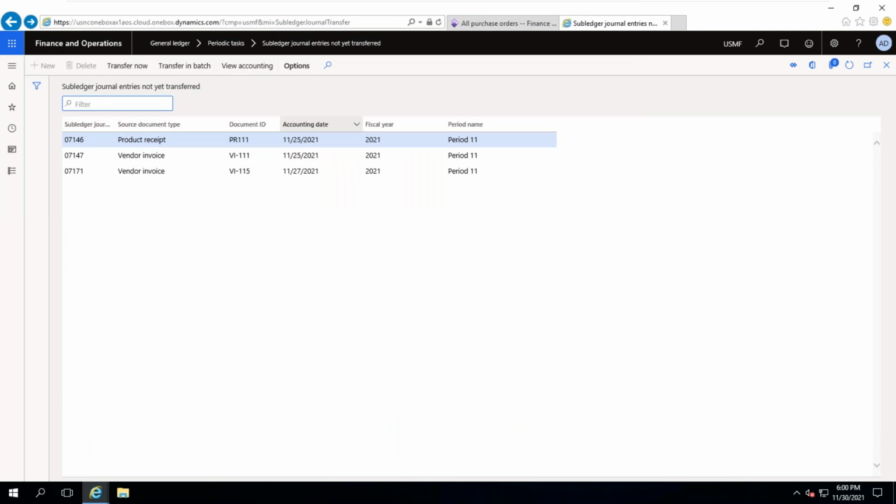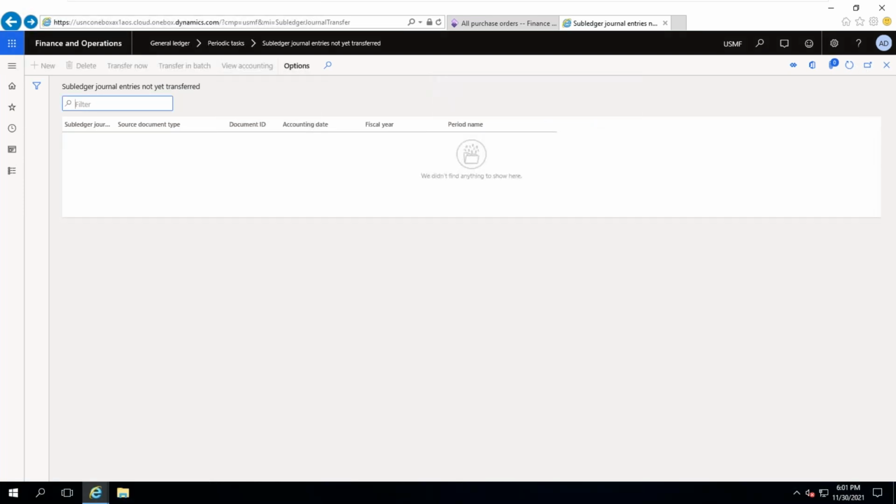Let me post this one, transfer now. This is the 25th November transaction. These two are 25th and 27th, and I need to refresh the screen to get one more transaction here, the product receipt.